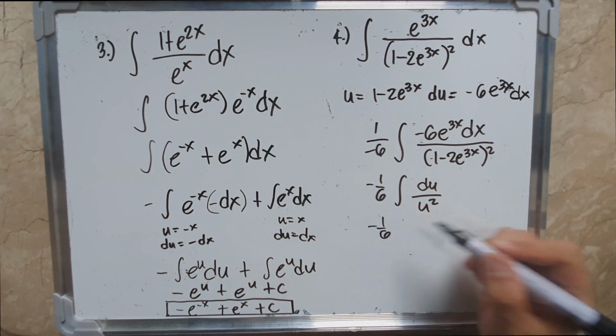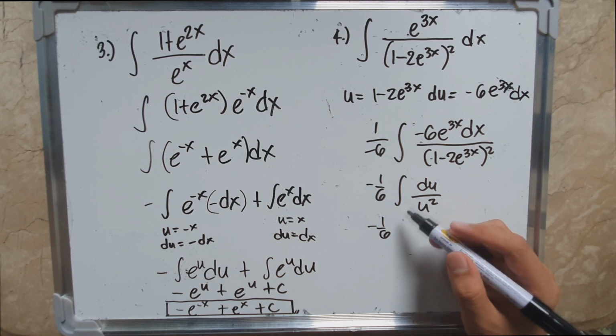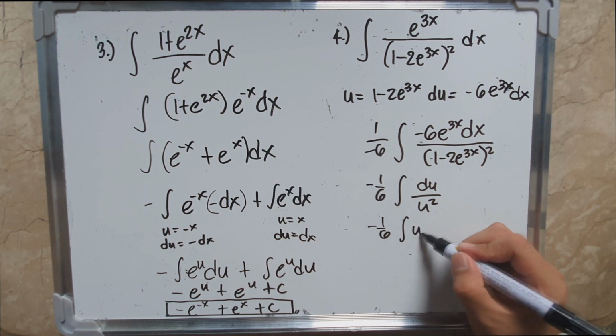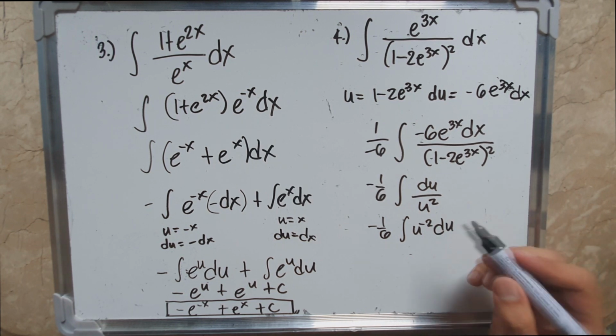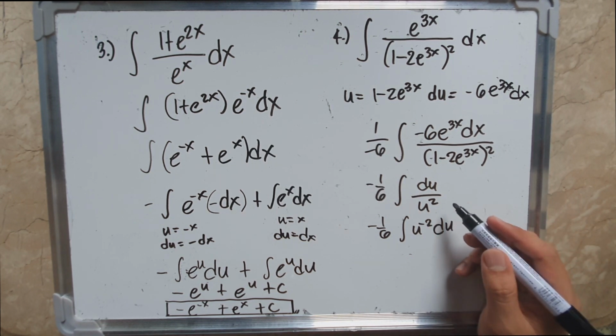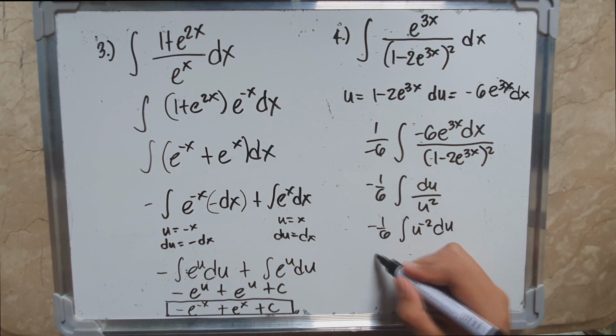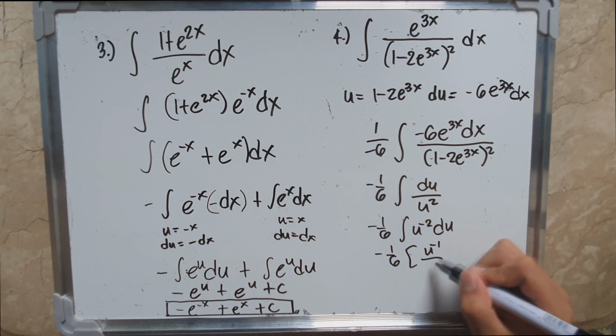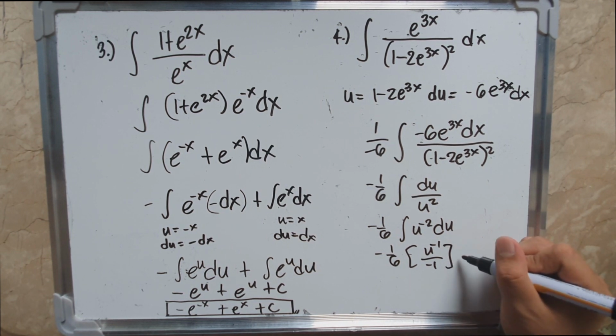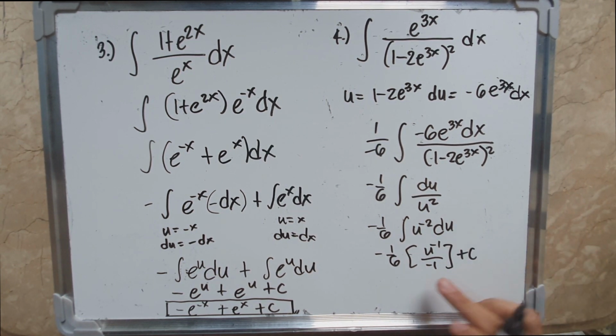Negative 1 over 6. This will now become u raised to the power of negative 2 du. Applying the power rule, negative 2 plus 1, that is negative 1. Negative 1 over 6, u raised to the power of negative 1 over negative 1. And our plus c, of course.